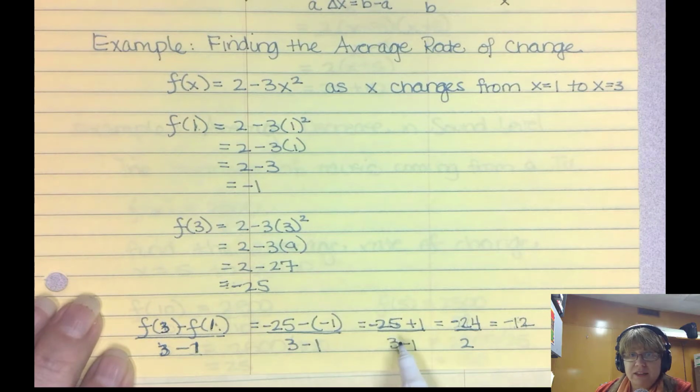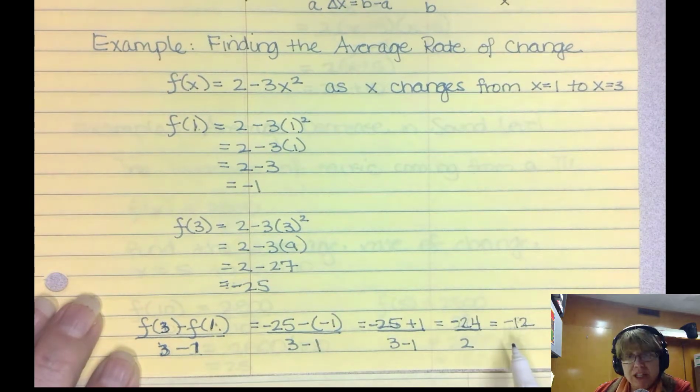Now I'm going to combine some stuff. Negative 25 plus 1 is negative 24. 3 minus 1 is 2. And negative 24 divided by 2 is negative 12. This means on average it will go down 12 on the y for every one step we move to the right.